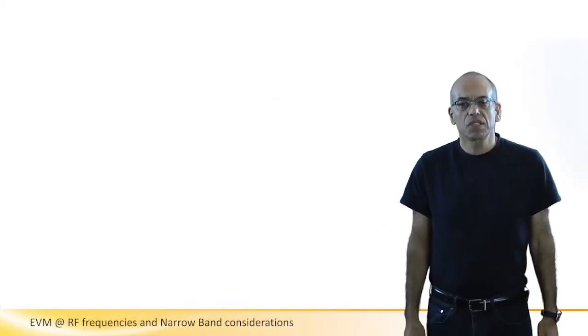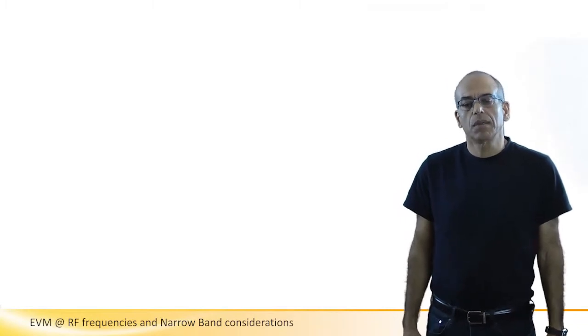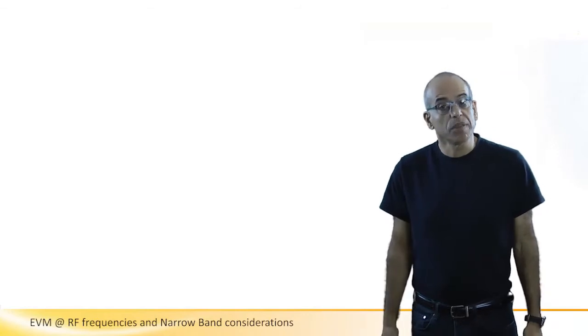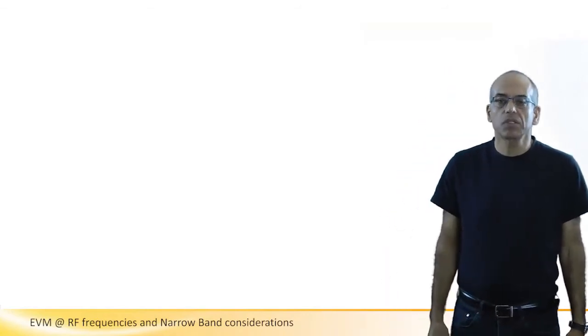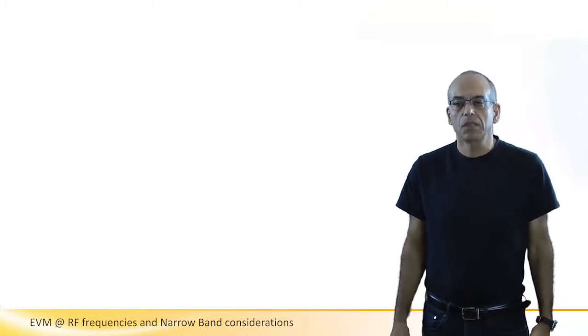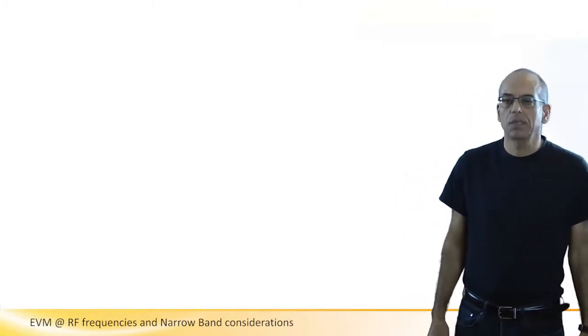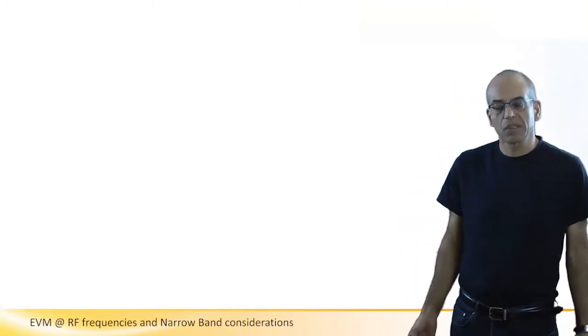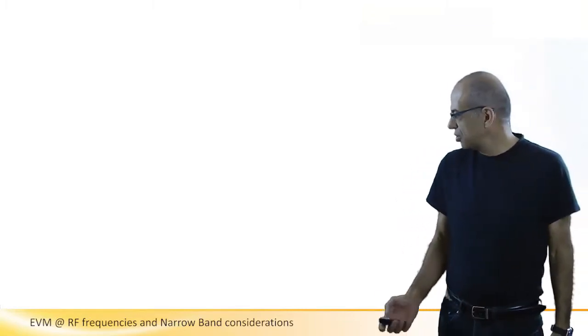Okay, we have mentioned error vector magnitude impairments before, and now it's time to start discussing the more classical impairments at RF frequencies, narrowband technologies.